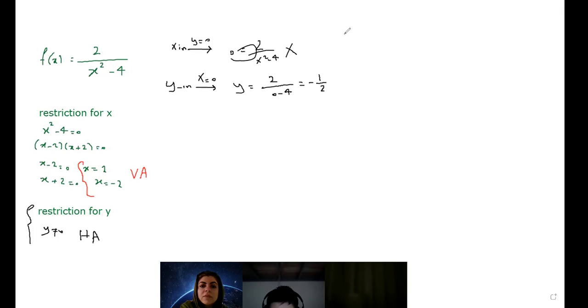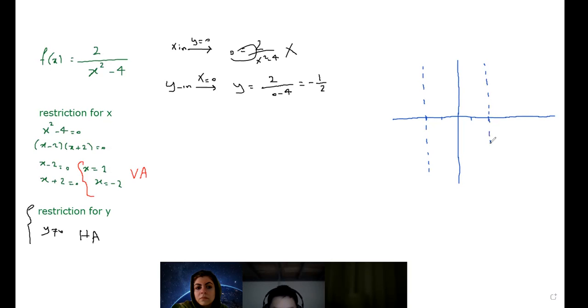Now, having this information, I want to start graphing it. I put the graph here. We have 2 vertical asymptotes at x equals 2 and negative 2. Here is x equals negative 2, and here is x equals 2.